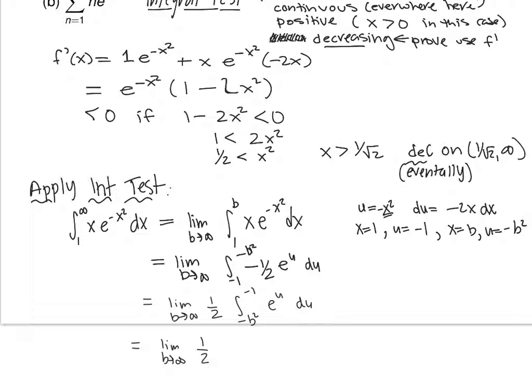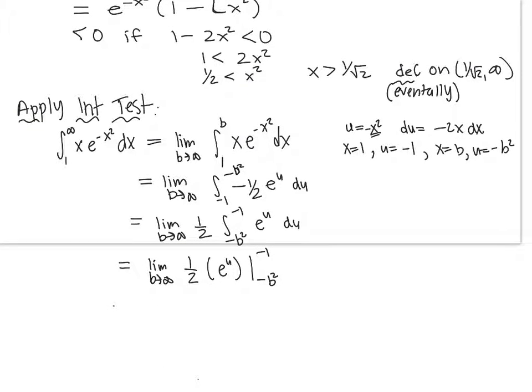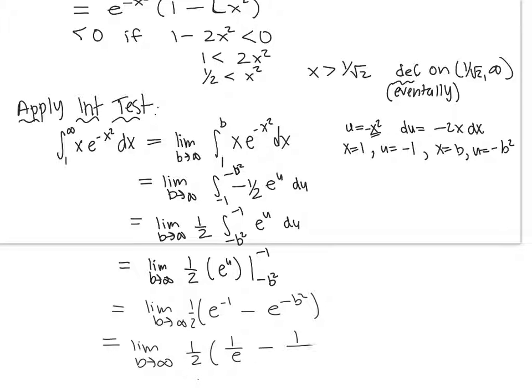So we have 1/2 e to the u evaluated from negative b squared to negative 1, so we have 1/2 times e to the negative 1 minus e to the negative b squared, which is the same thing as, almost done, 1/2 times 1 over e minus 1 over e to the b squared.